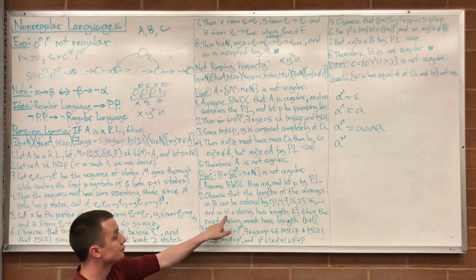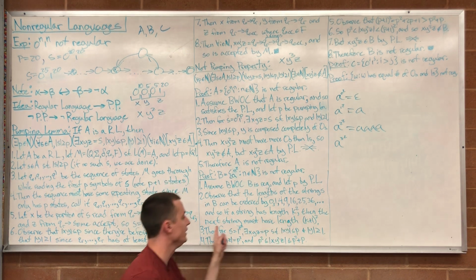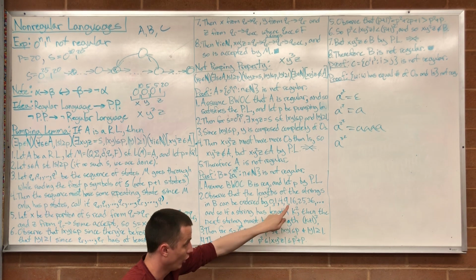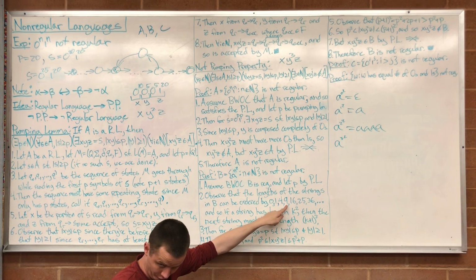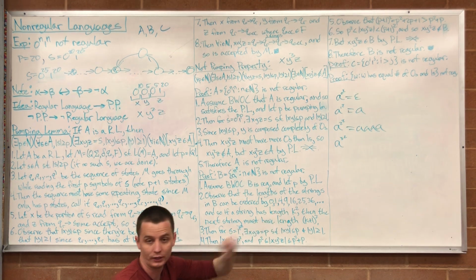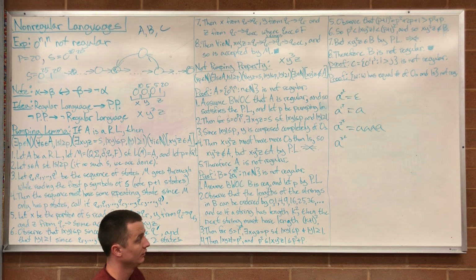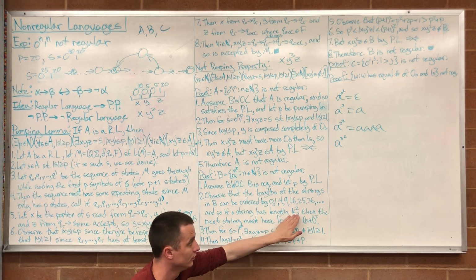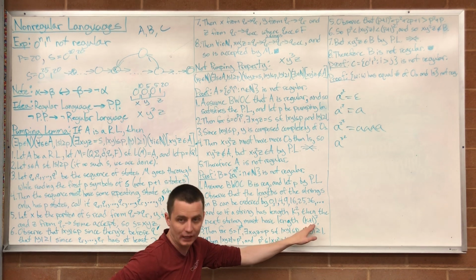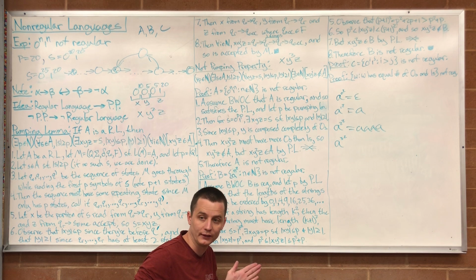And so, if a string has length k squared, then the next string must have length (k+1) squared. If our string has length 9, or 3 squared, the next string has to have length 4 squared. So if you look at a particular string with length k squared, and we order our strings by length, then the next string has to have length (k+1) squared.